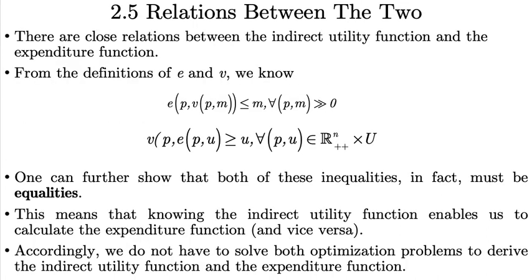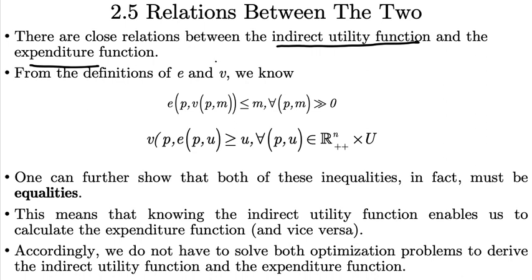Next, like I said just now, we want to move to the relations between the two types of optimization, minimizing expenditure and maximizing utility. There are close relations between the indirect utility function and the expenditure function.